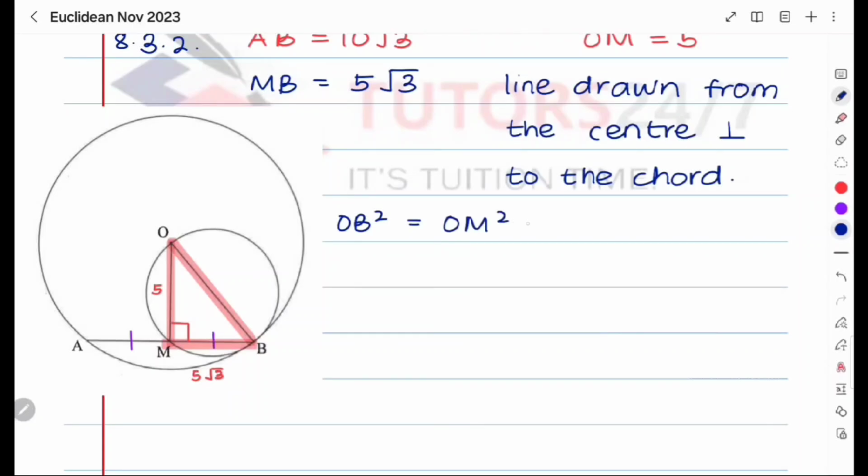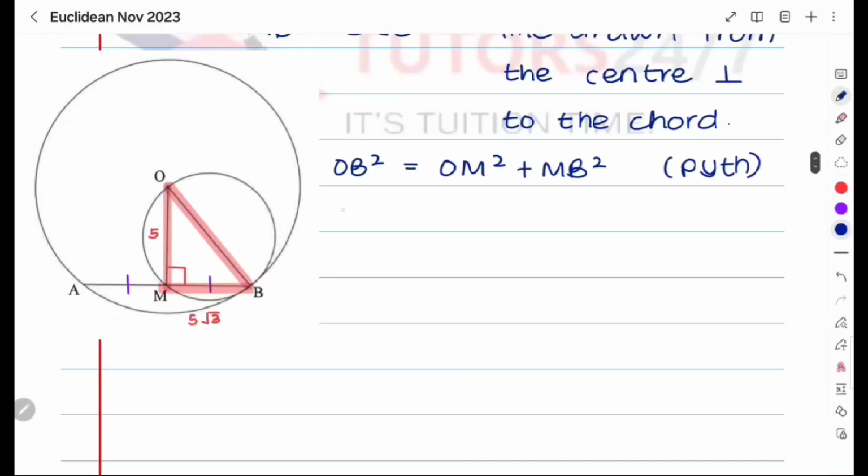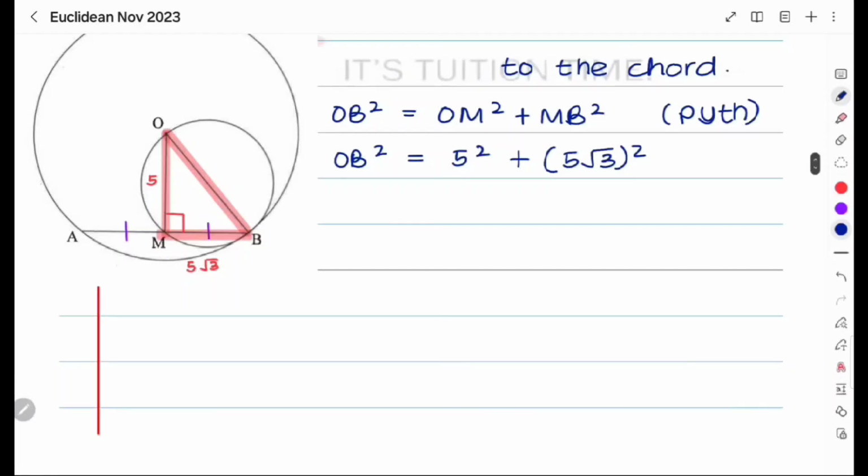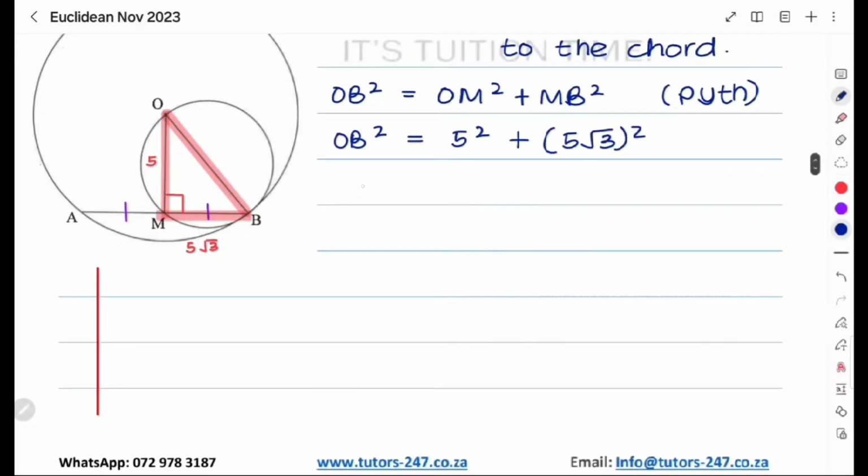So OM squared plus MB squared, and that is Pythagoras. From here we substitute, so OB squared is equal to 5 squared plus 5 the root of 3 squared. We can put the entire right-hand side into our calculator, and that gives us 100.